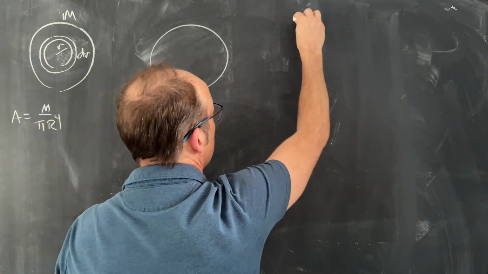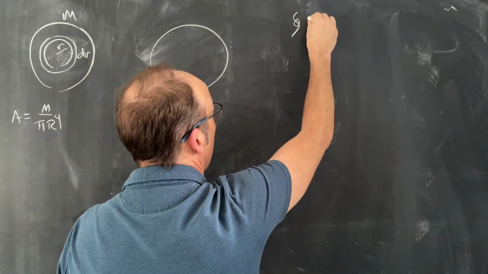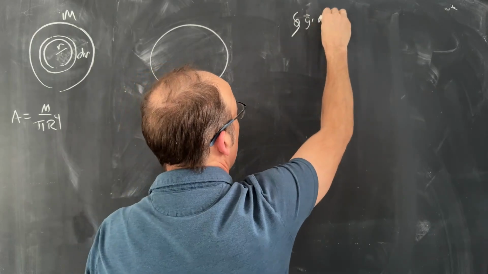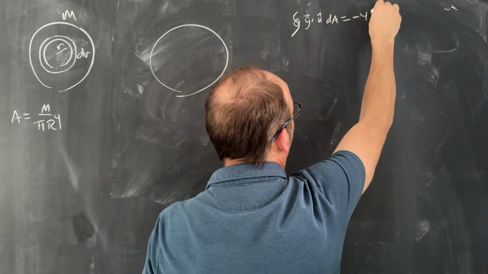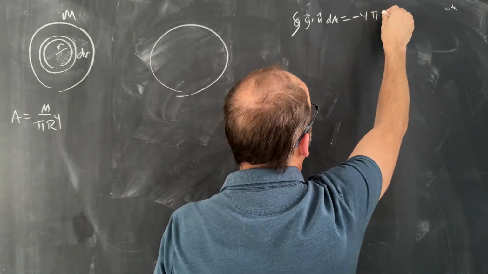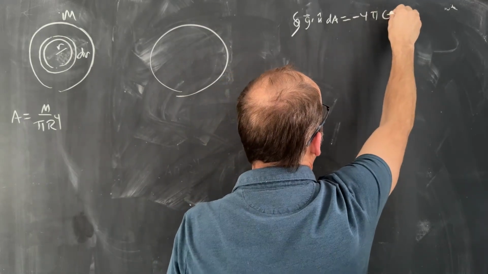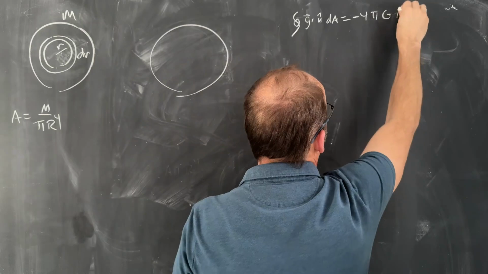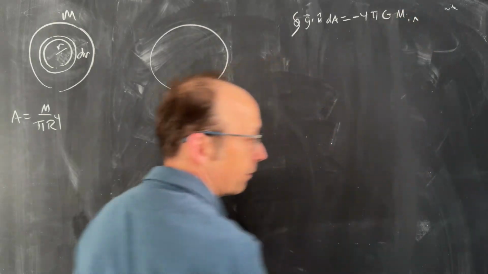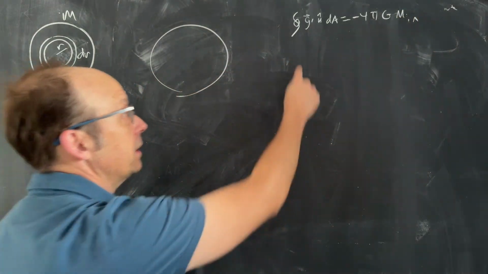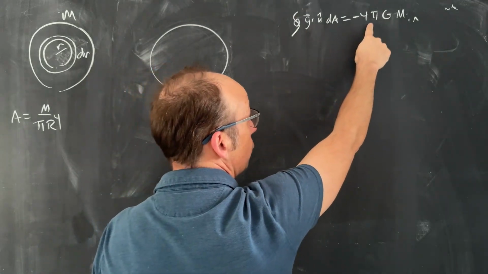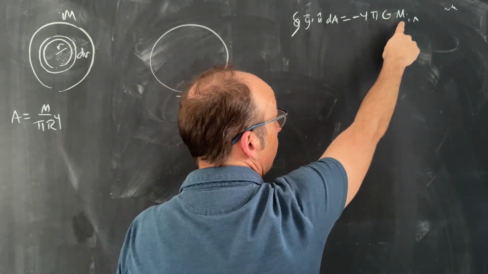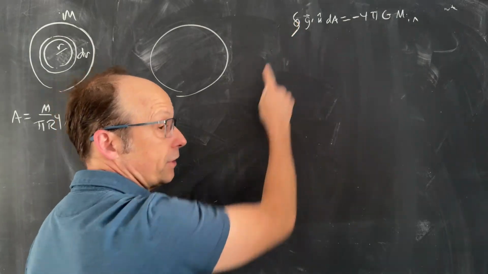Gauss's law for gravity says that the integral of g dot n hat dA is equal to negative 4 pi G m_enclosed. So this says that the flux of the gravitational field over the surface is equal to 4 pi G times the total mass inside of that closed surface that we have right there.